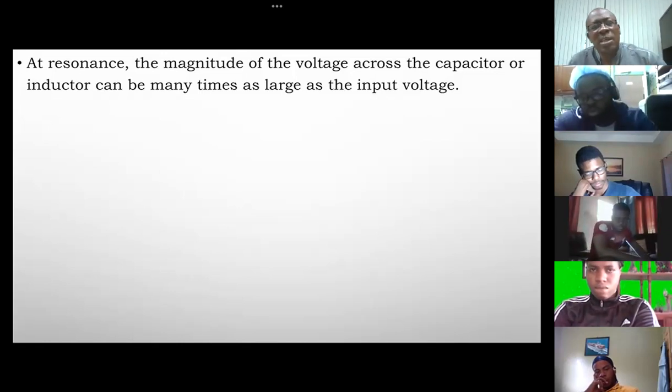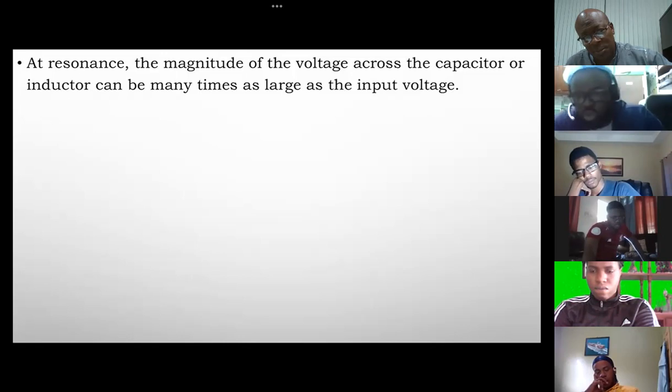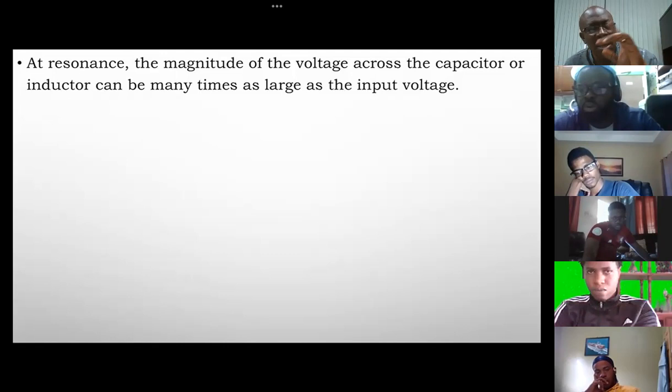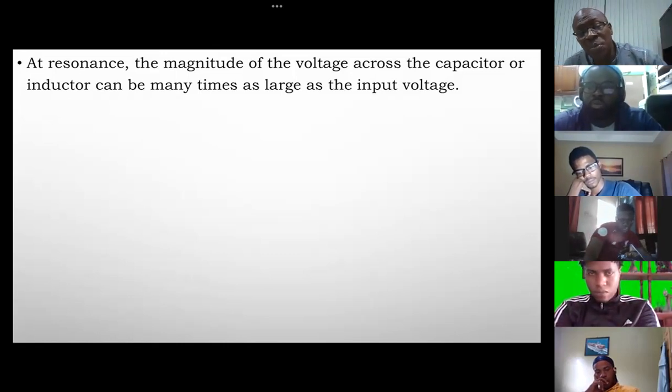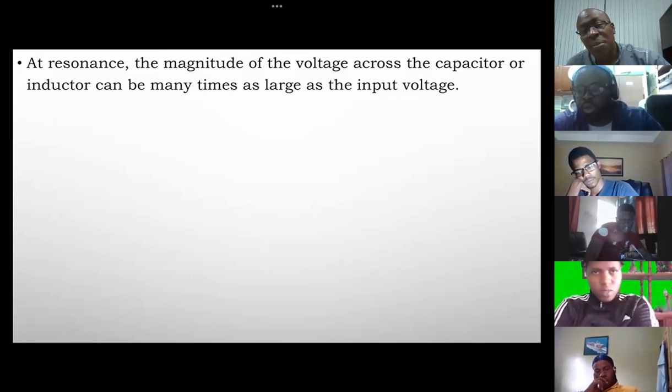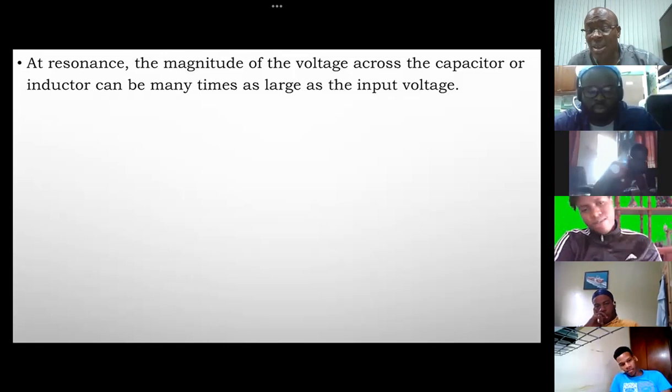And the minimum resistance corresponded to what? Well, it's minimum impedance. The minimum impedance corresponds to what? Maximum current. Yes.